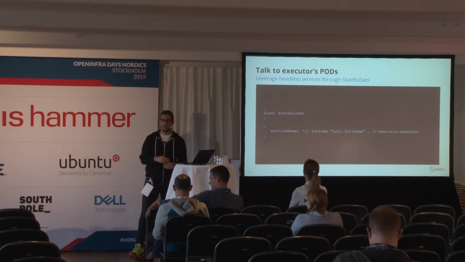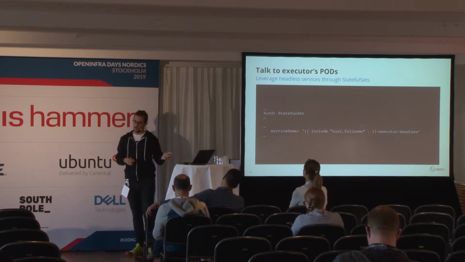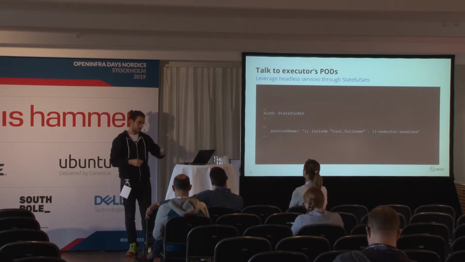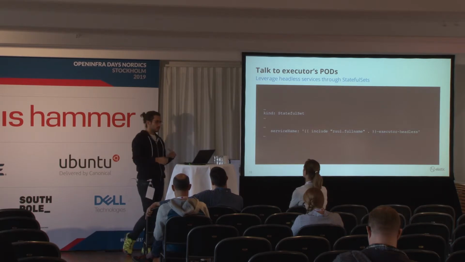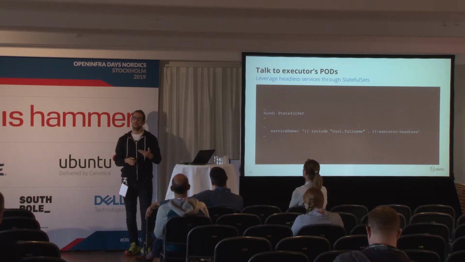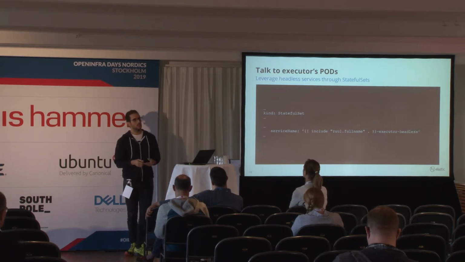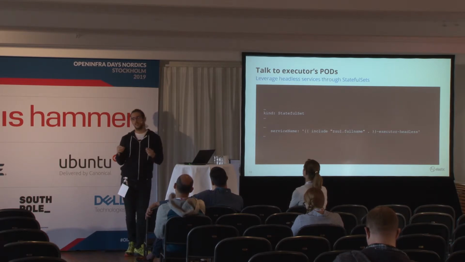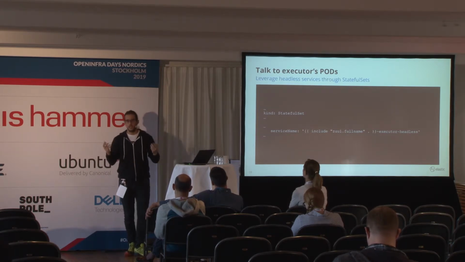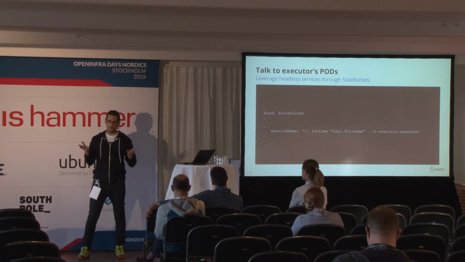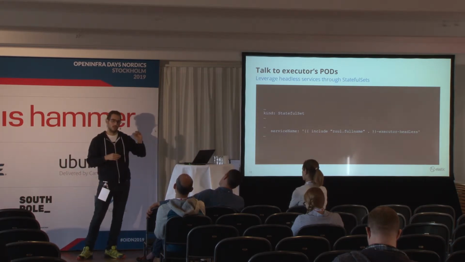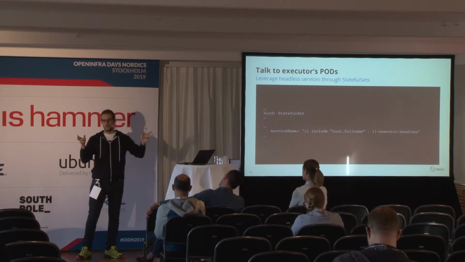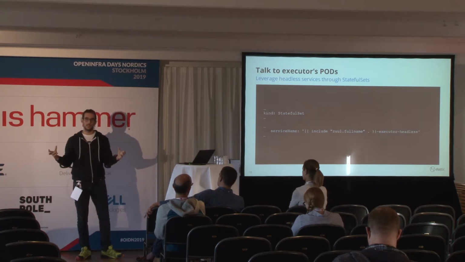So a way around this is using stateful sets. This is the only reason why we're using stateful sets for the executor. By using a stateful set, you can leverage something called a headless service in Kubernetes, which basically, in Kubernetes lingo, creates a service that is not totally exposed to the external network, so to speak, but is available within the cluster.